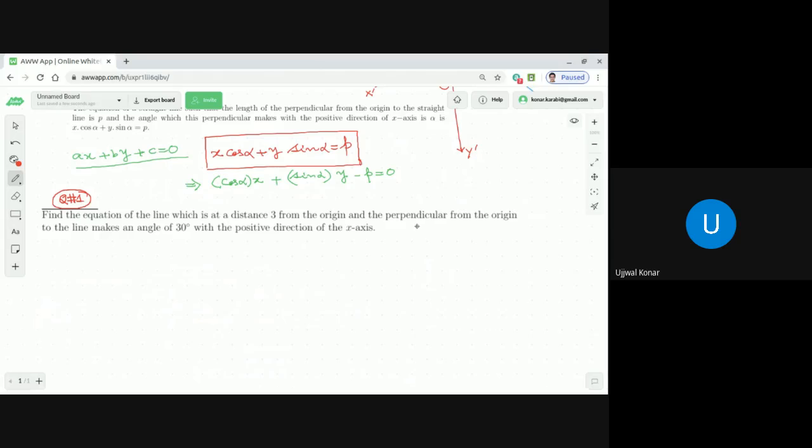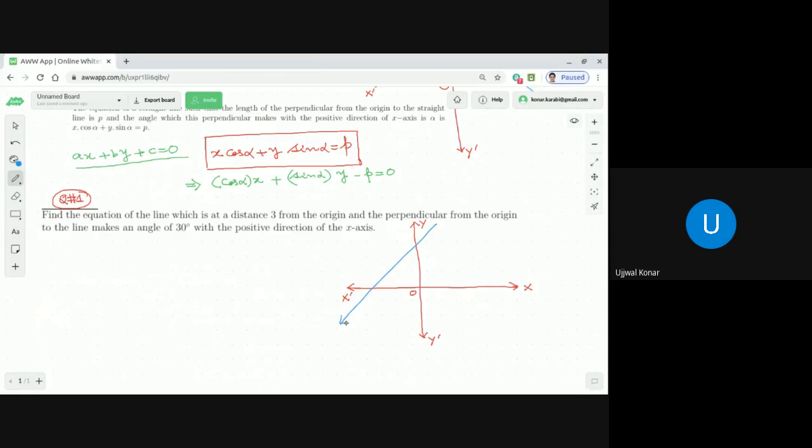So if we draw the geometrical representation of this problem statement, let me first draw the coordinate axes x dash, x, y, o, y dash, that is the origin, and our straight line is something like this.